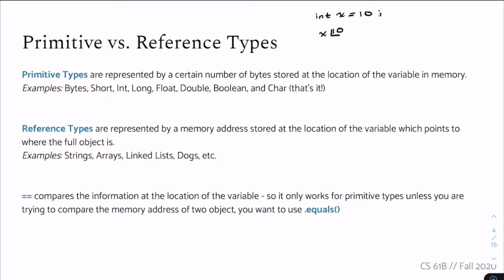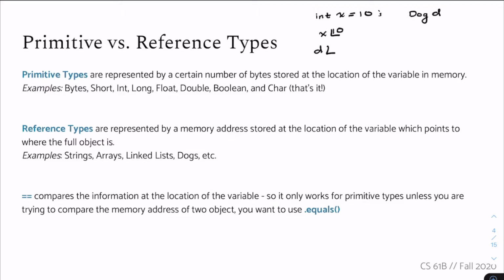Now, reference types, you can think of them as being bigger items, like full objects, strings, arrays. Each reference type may even contain several other primitive types. And so, instead of wasting our variable space by allocating space here, say I wanted to create a dog object, I could create the variable in the same place and have a box.